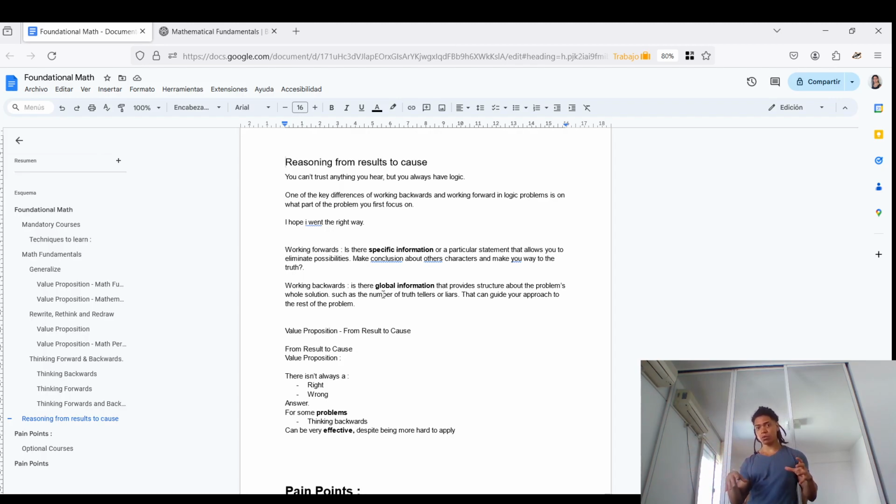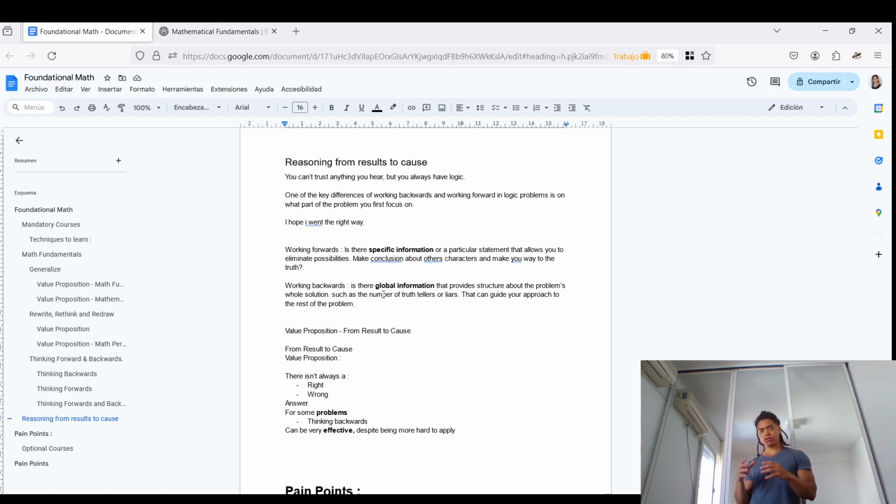And by thinking backward, let's enumerate all possible answers, and then we filter out. The key difference when thinking forward and backward is where you start, where you focus first, because there is no right or wrong way to solve a problem. They're just effective perspectives.